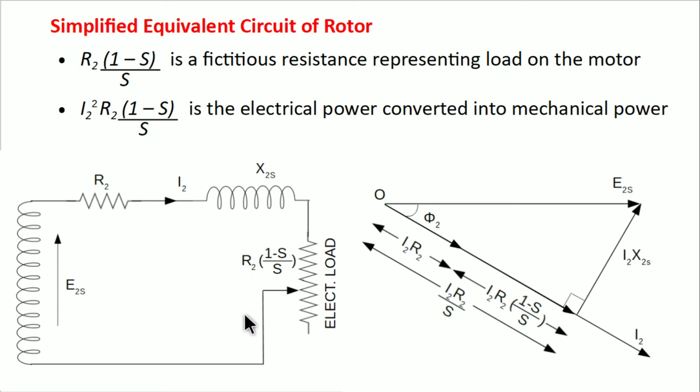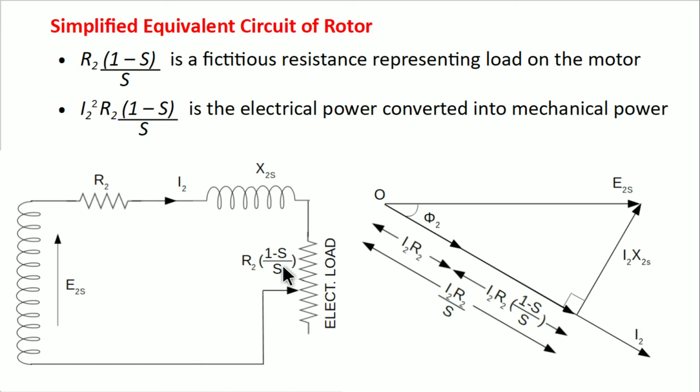This resistance is not of the winding, but it represents the load on the motor. R2 into (1 minus S) over S is a fictitious resistance representing load on the motor.